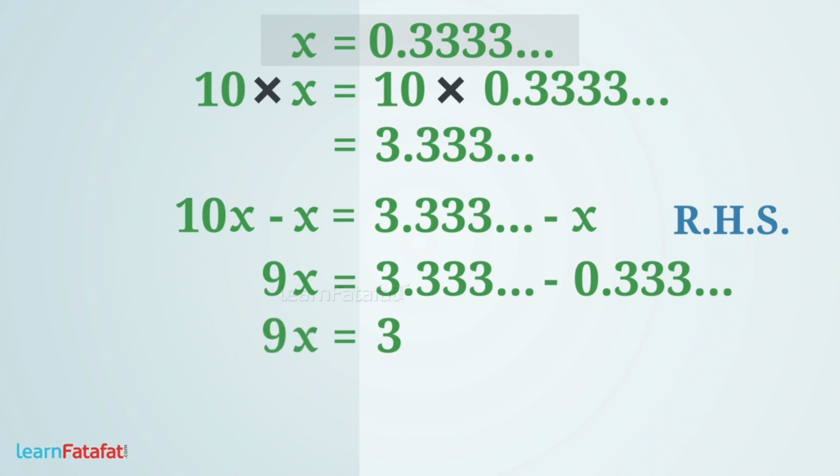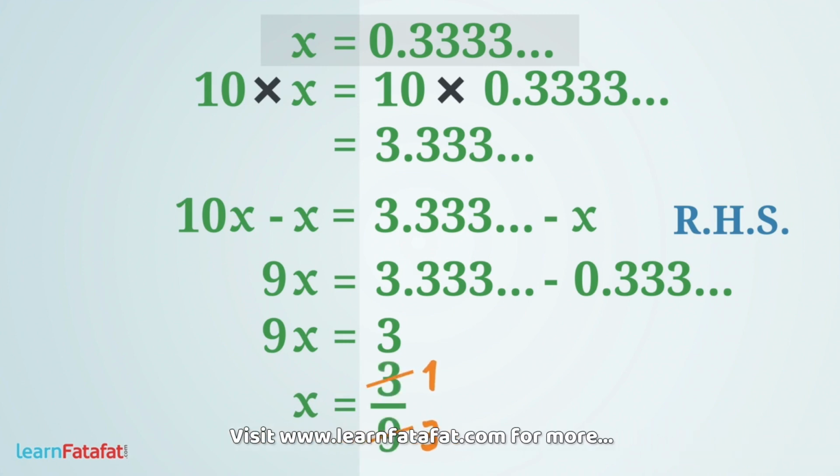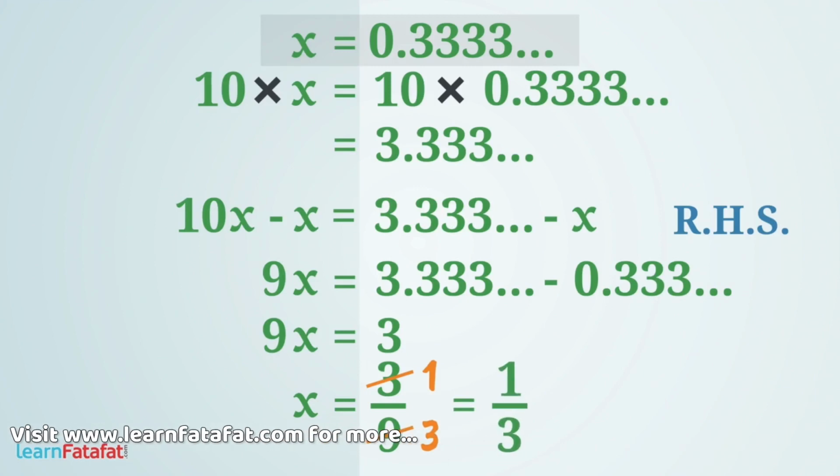Now if we transpose 9 to the right-hand side, it goes to the denominator of 3, that is x equals 3 divided by 9. Simplifying this, we get x equals 1 by 3.